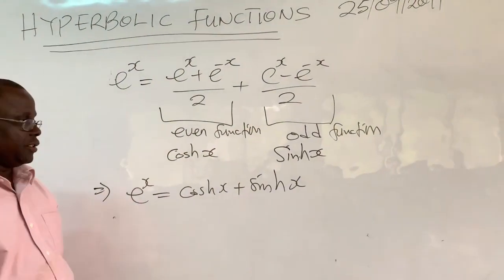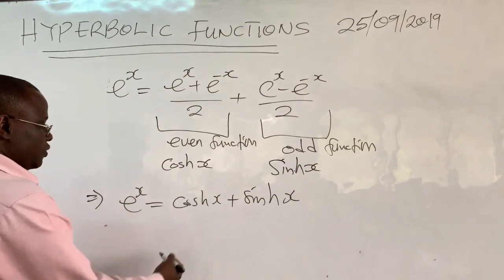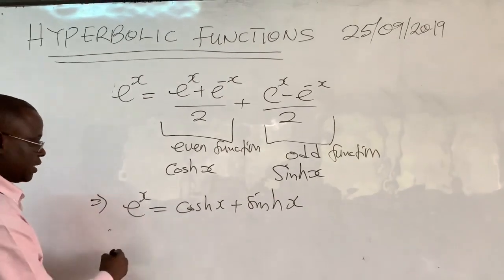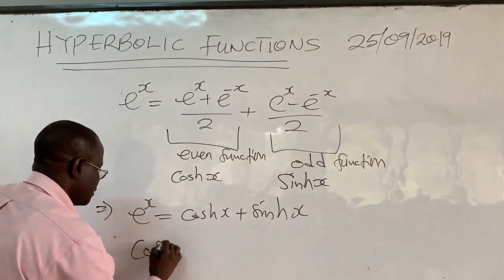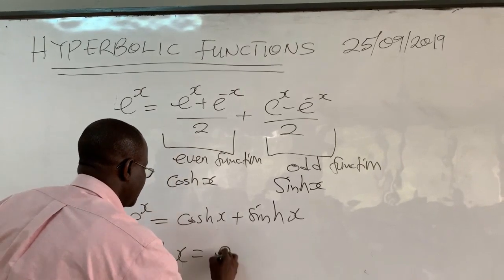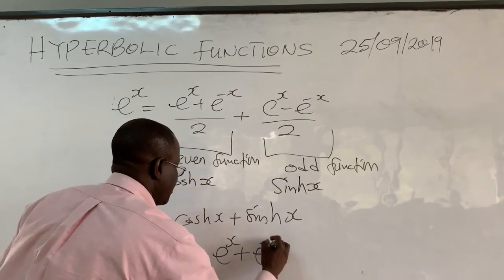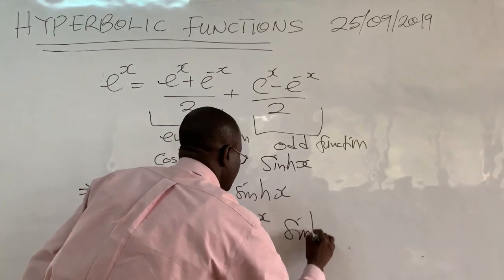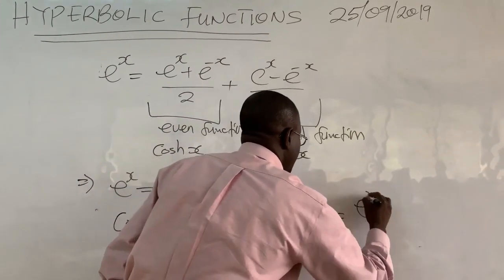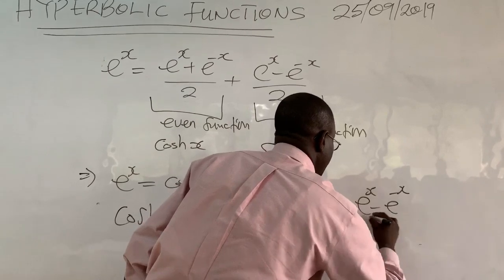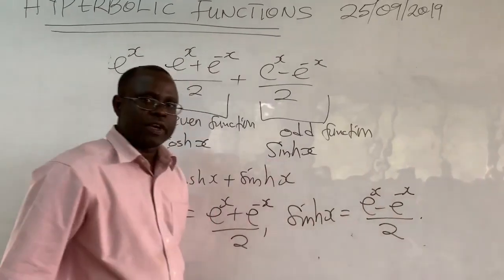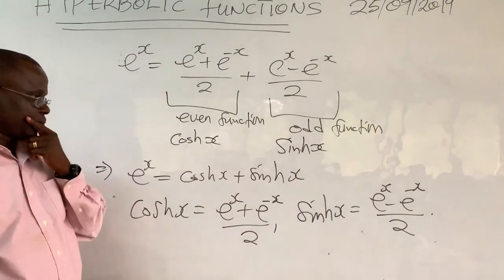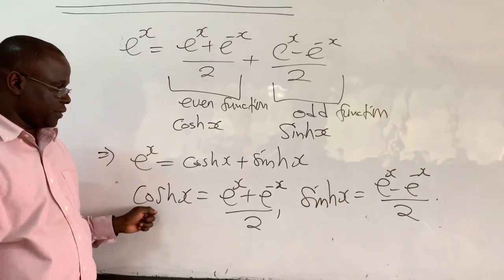And so by definition, the hyperbolic cosine function cosh x is given by (e to the x plus e to the minus x) divided by 2, and sinh x is given by (e to the x minus e to the minus x) divided by 2.